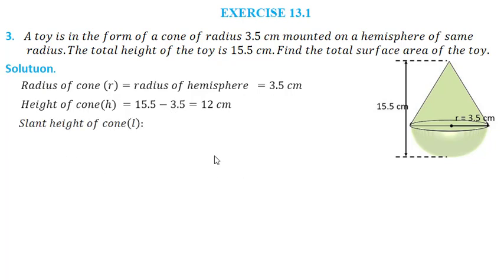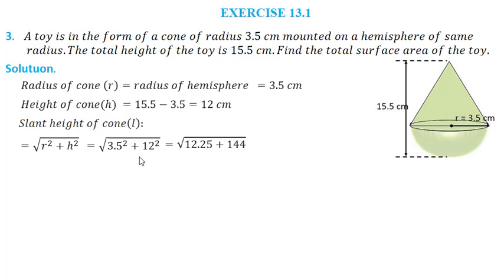Now I will first calculate slant height because I need total surface area, right? So for cone the formula is pi r l. So let us calculate slant height using Pythagoras theorem. Root of r square plus h square, that is root of 3.5 square plus 12 square. Now if the unit place is 5, then to calculate square what we do, we write 25 and then we multiply 3 by 4.